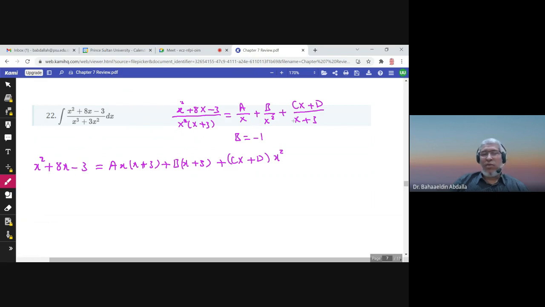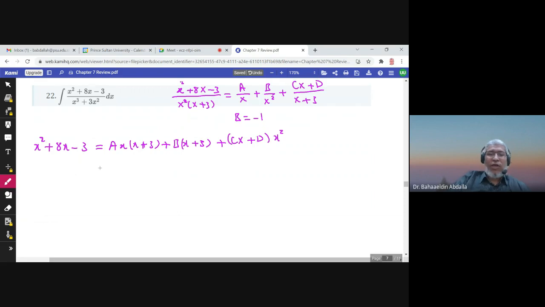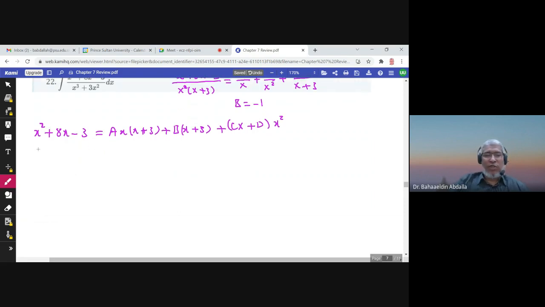This is what happens when I multiply this equation by x squared times x plus 3. If you have any problem, please check again section 7.4.